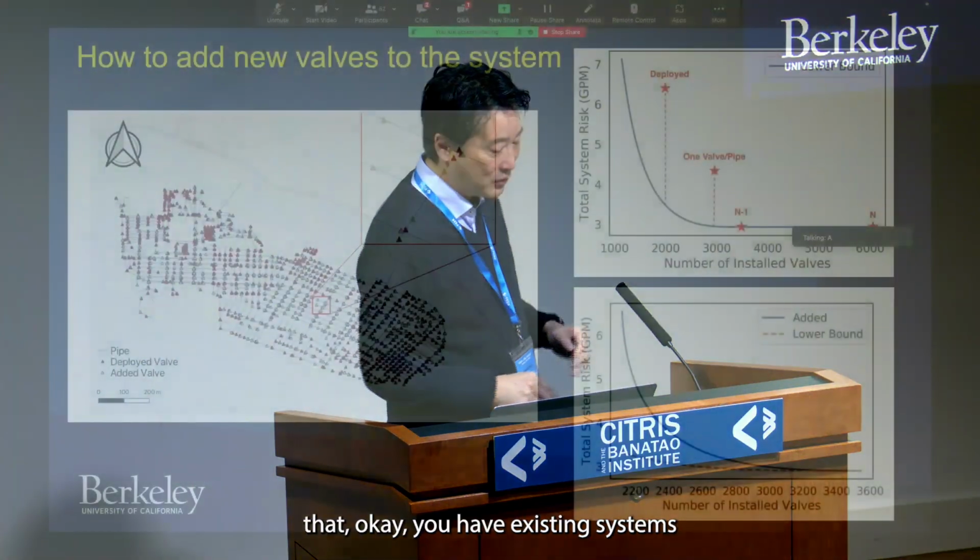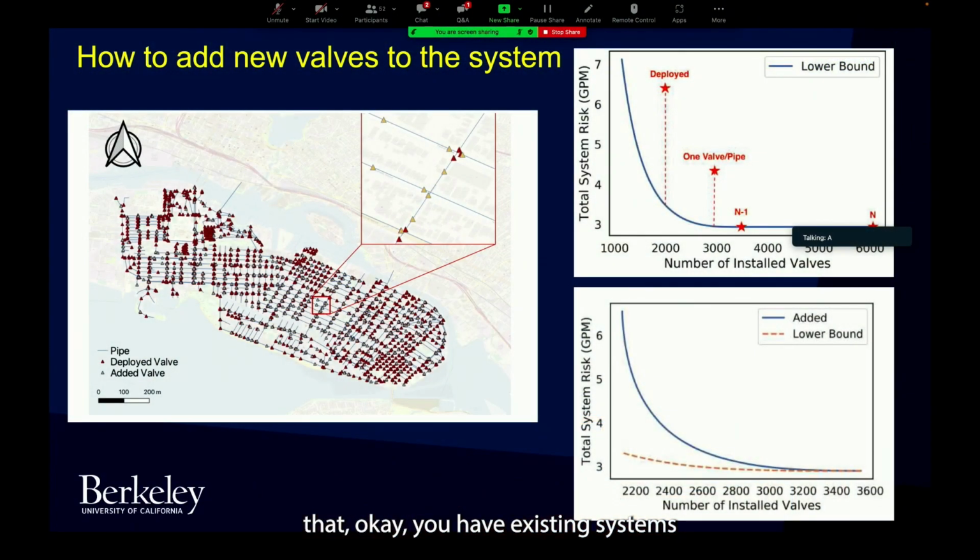This one just shows that, okay, you have existing systems, and then you can see the total risk, which is the vertical axis, and the number of installed valves. At the moment, there are 2,000 of them. If you start from scratch, and you say, let's put the valves in the right position for this pipeline network, that will be this particular lower bound, which is blue.